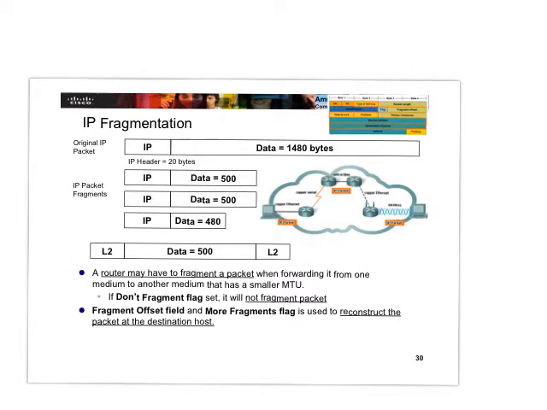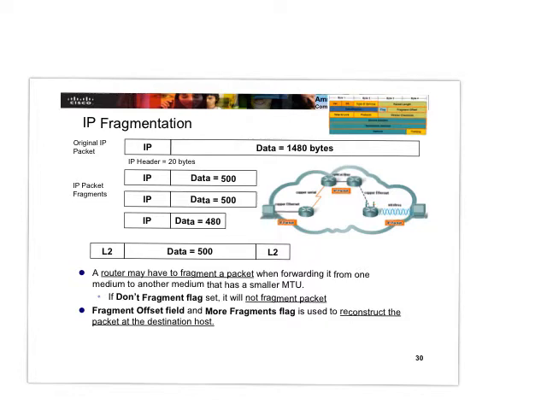One more piece of information is that once we fragment, we do not defragment until the very last router. So if you fragment here, we do not defragment here, and we do not defragment here. We do fragmentation here, and then we do not do defragmentation until the very last router.